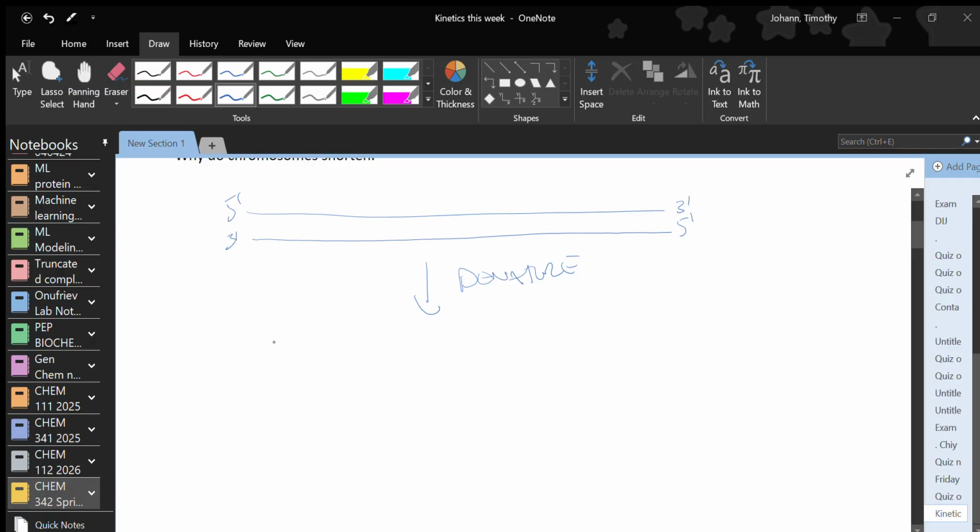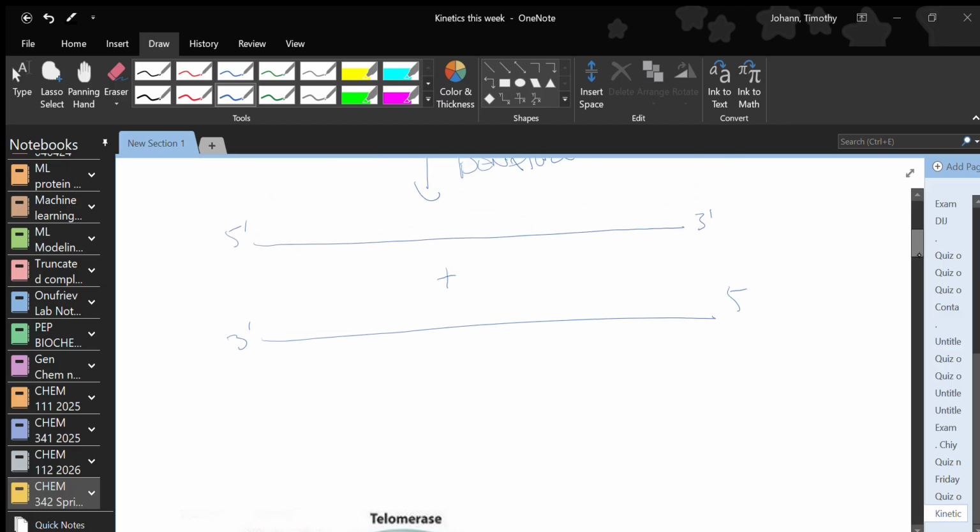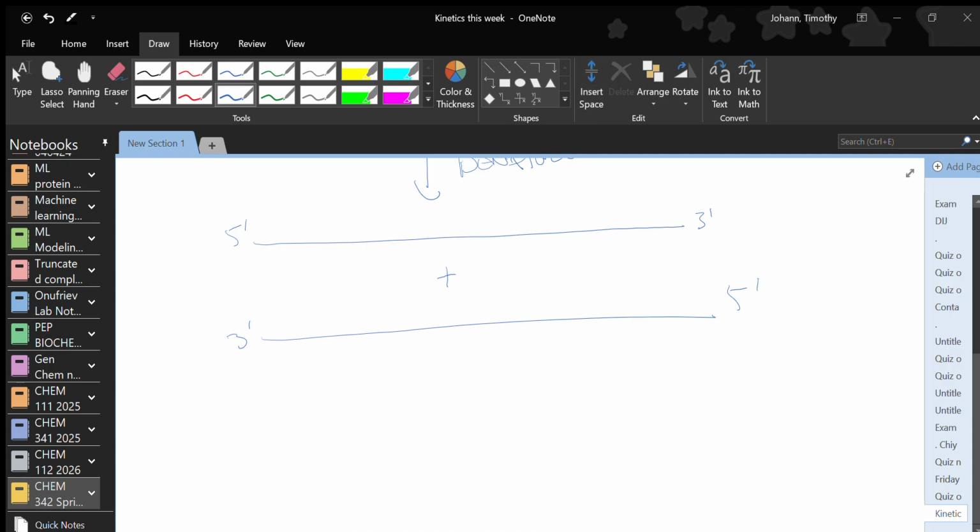Our denaturation is really a replication fork that goes along. But if we denature, we'll get two separate strands. Now we're going to add our RNA primers. Remember, they're RNA.